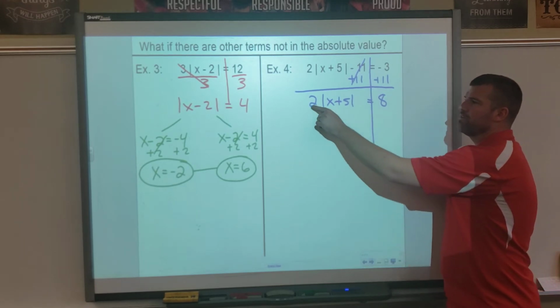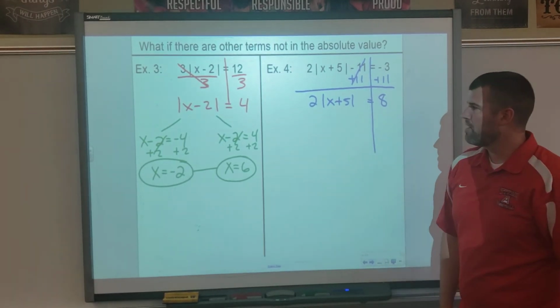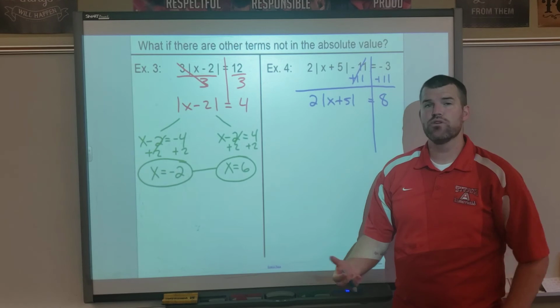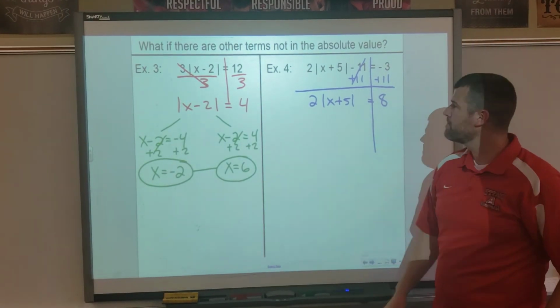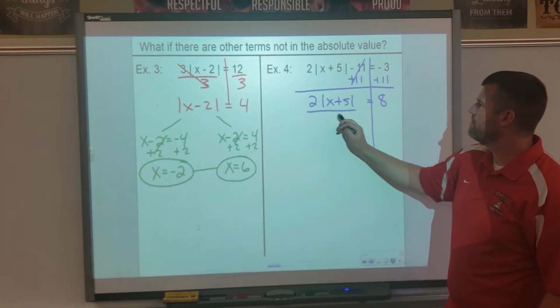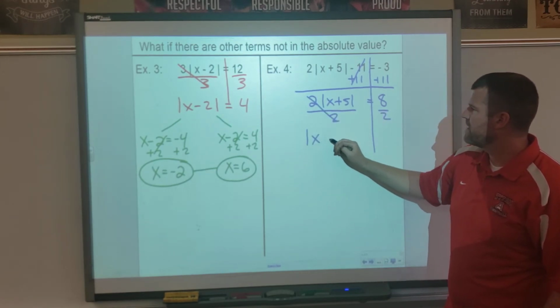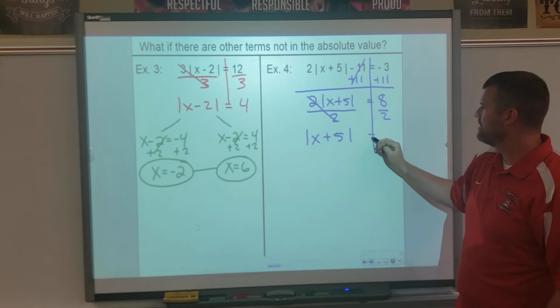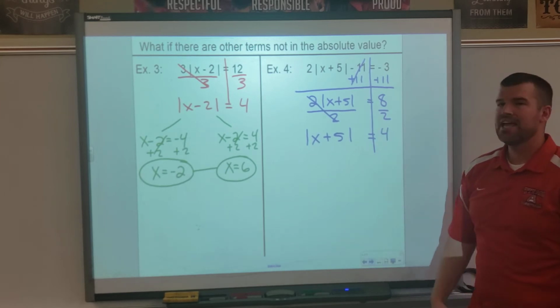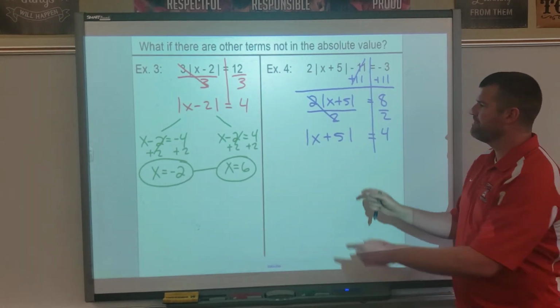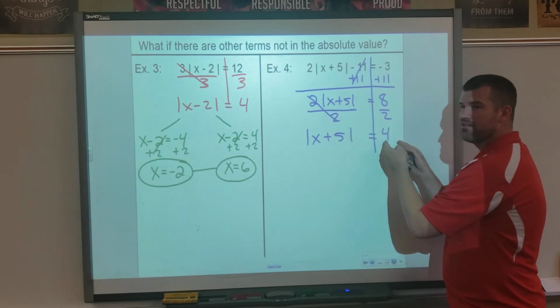I still need to get rid of this before I break up into my two problems, because I have to have the bars alone before we break it into two problems. So I'm going to divide by 2. Absolute value of x plus 5 now equals 4. And now we're where we want to be. We have that the distance is 4.